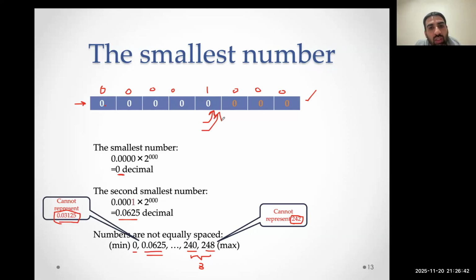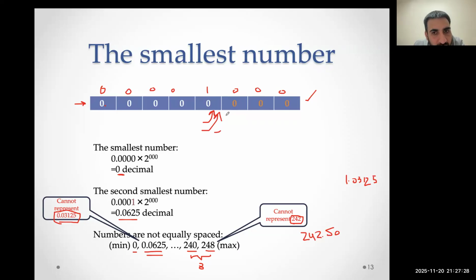Because if you are using this 8-bit template in your program to store or represent floating point numbers in hardware, then you cannot represent, let's say, 242.50, and you also cannot represent, for example, 1.03125, right?